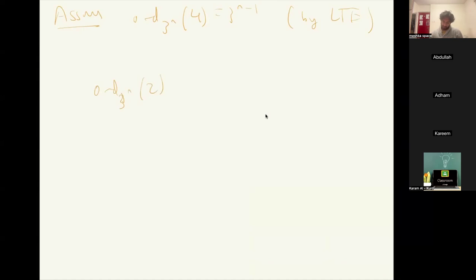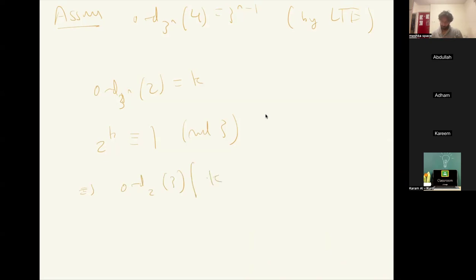Well, let's say the order of 2 is k. I know 2 to the k is going to be congruent to 1 mod 3. So it follows that k is even, or more precisely, the order of 2 modulo 3 divides k.